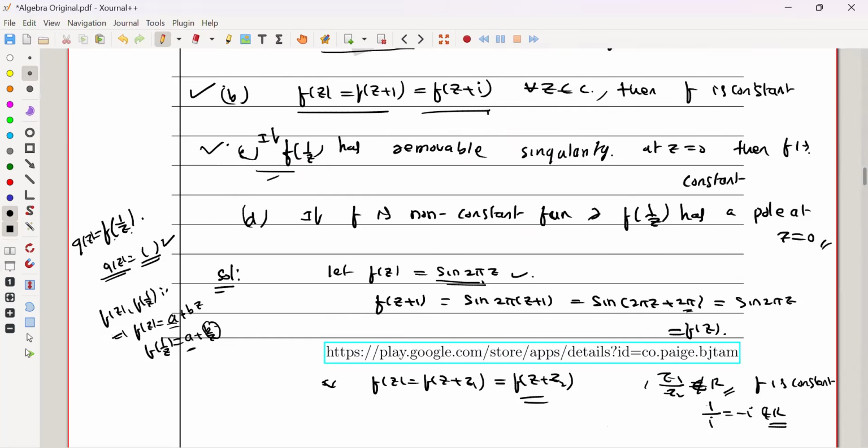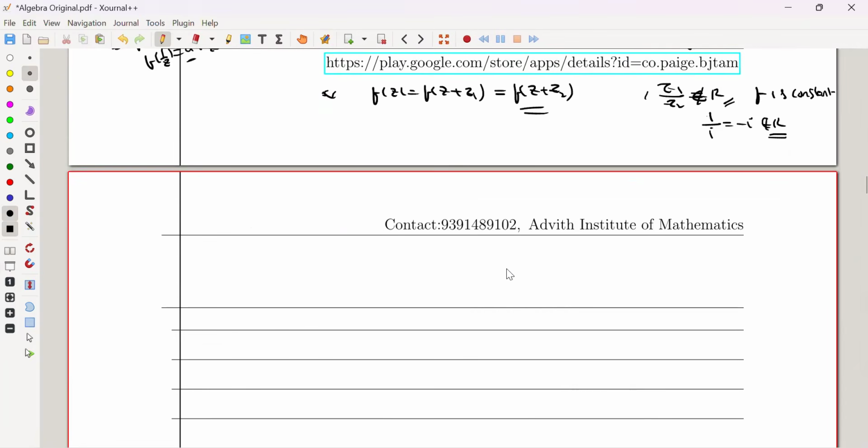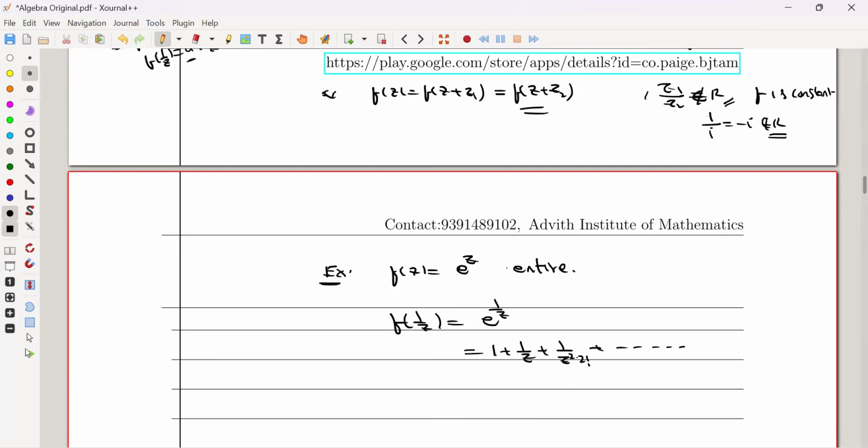If f is a non-constant function and f of 1 by z has a pole at z equal to 0, we cannot say that. For example, take f of z equal to e power z, which is an entire function. Then f of 1 by z is e power 1 by z, which equals 1 plus 1 by z plus 1 by z squared into factorial 2 and so on. This is the regular part of the Laurent series, and the rest is the principal part, which contains an infinite number of negative terms.